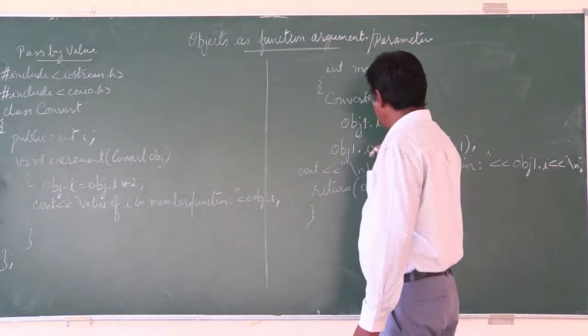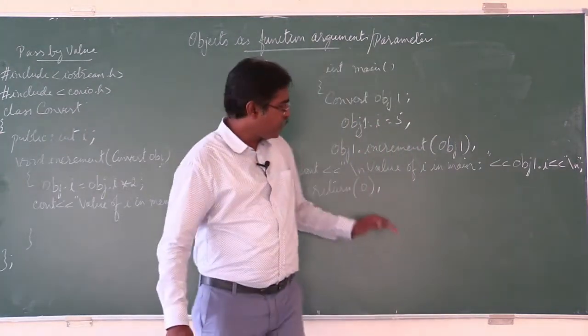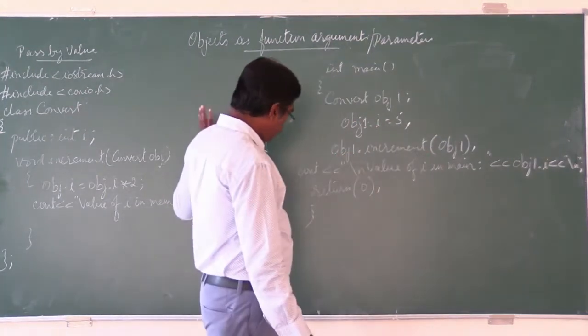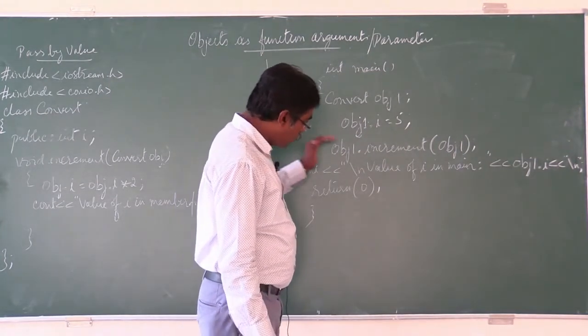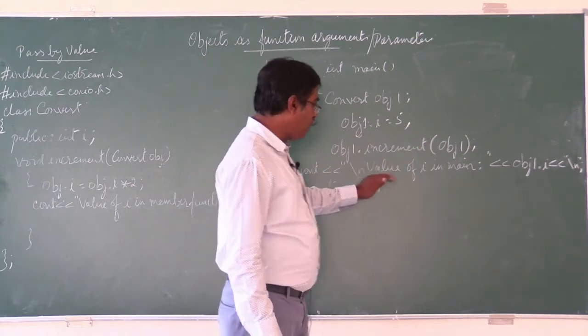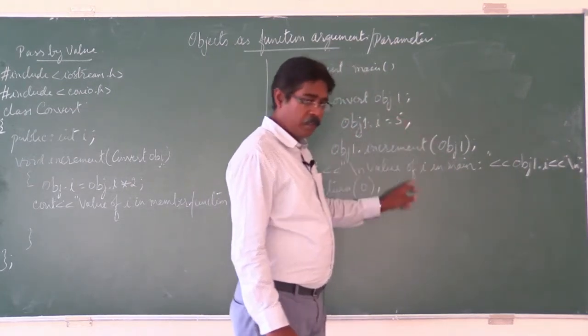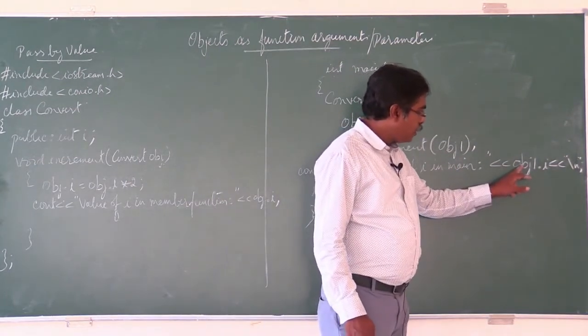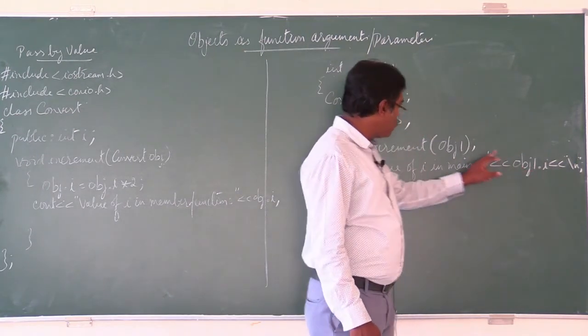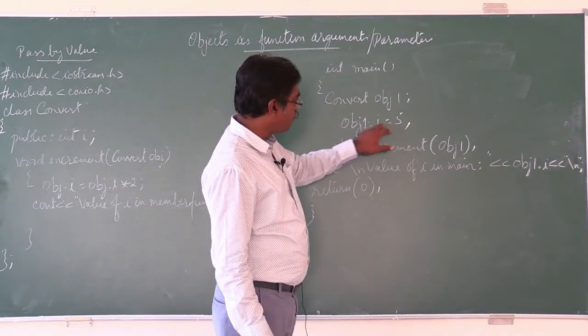When you look at the main function here, obj1.increment, the call was sent and the control comes back and then resumes its execution, value of I in main function. So if you see obj1.I, obj1's I value is 5.